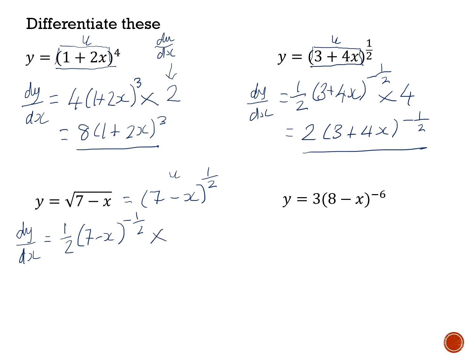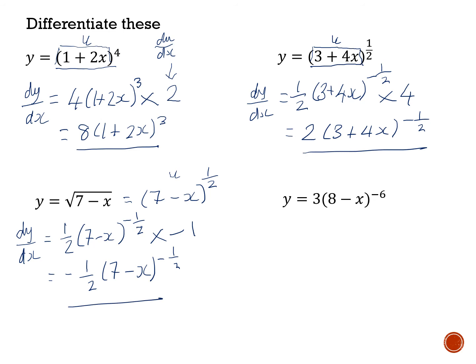Nice big times sign because it's the chain rule. Times by du dx. Do be careful with this, these are quite often forgotten. If I differentiate that, I get minus 1. So altogether I get a minus a half, 7 minus x to the minus a half. That's your answer.